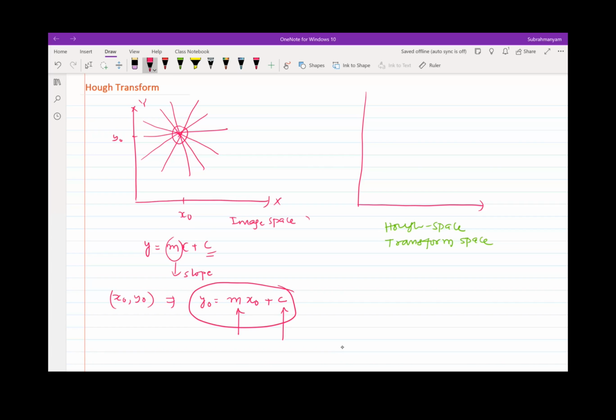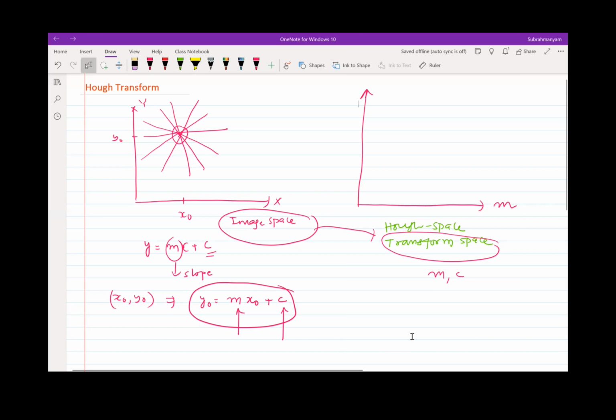Now, from this image space, I want to move to a transform space where I would have m and c. Suppose I take an m value. If I give you an m value, for a given m, how many possible values of c could there be?